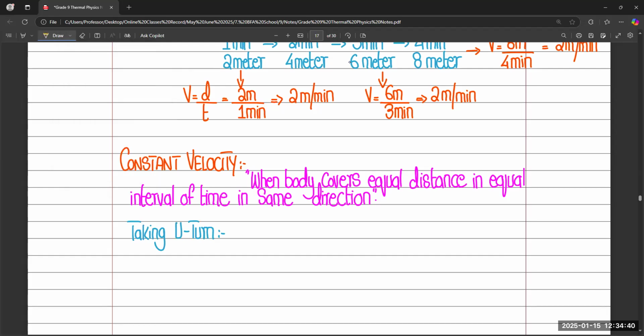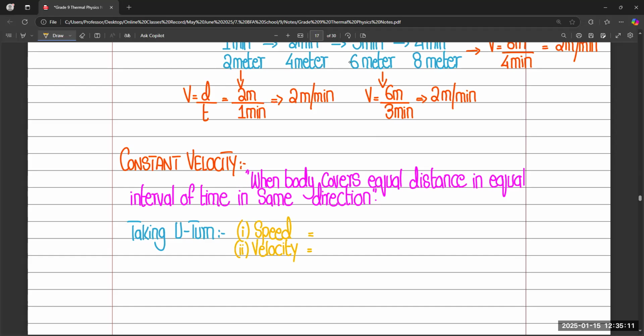If we talk about speed and if we talk about velocity. If we talk about speed, while taking a U-turn, does speed remain the same or will it be different? Different.